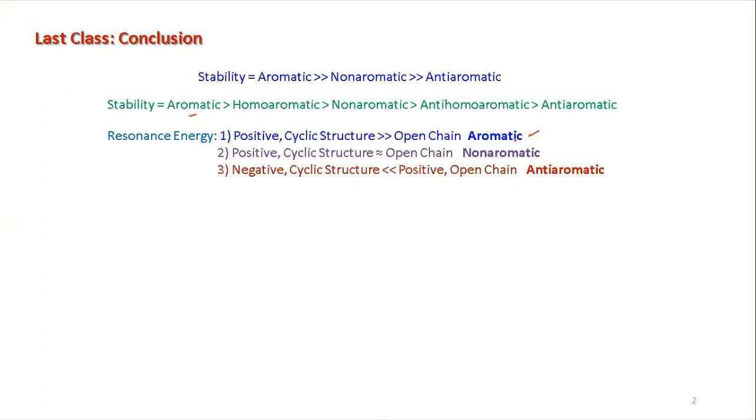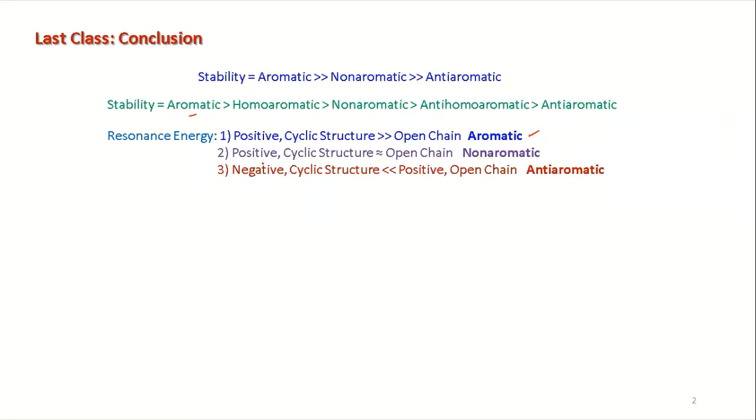This is the conclusion from the resonance energy calculations that we came across by measuring the heat of hydrogenation, right? You have seen different types of examples in the last class.